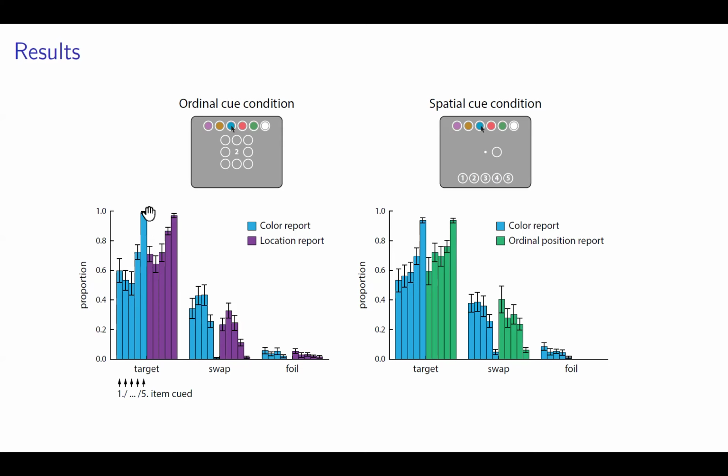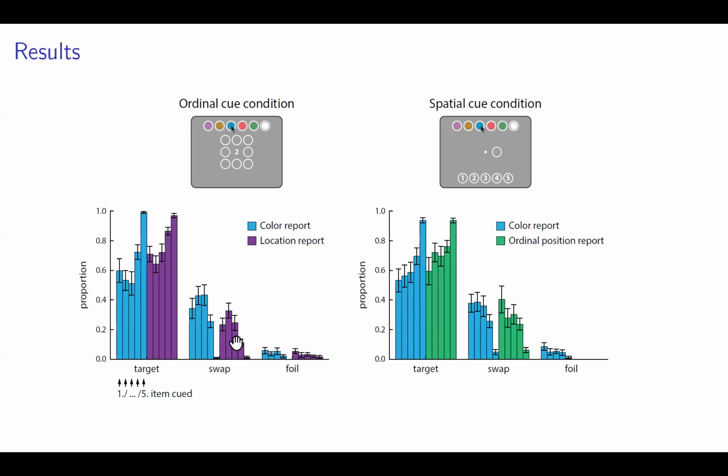Of course, keep in mind that the final report of the color of the last item is trivial because it was always white. But overall performance between the color reports was similar, and report performance was good for both location and ordinal position.